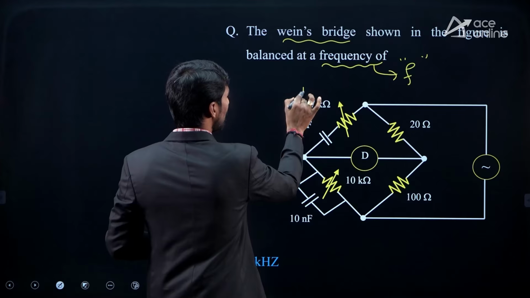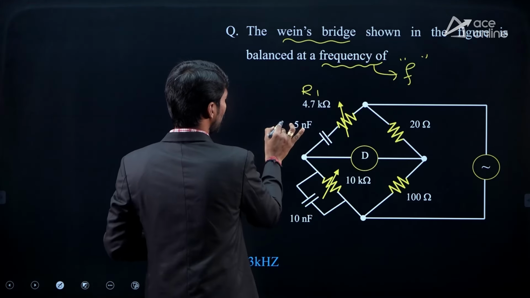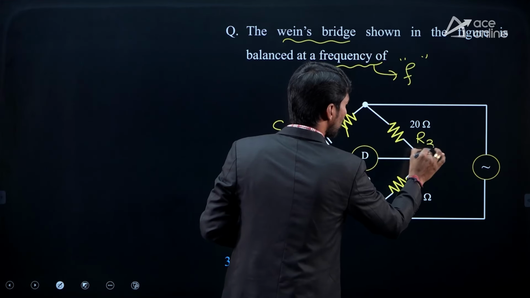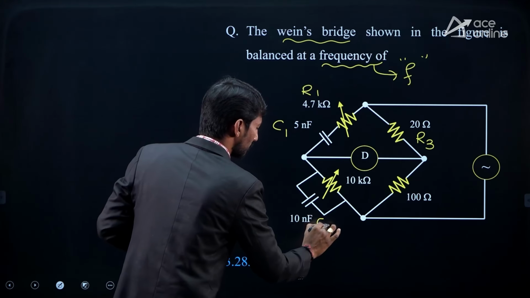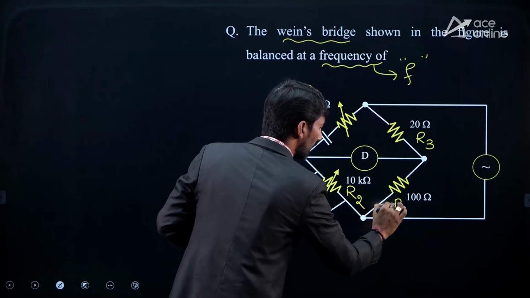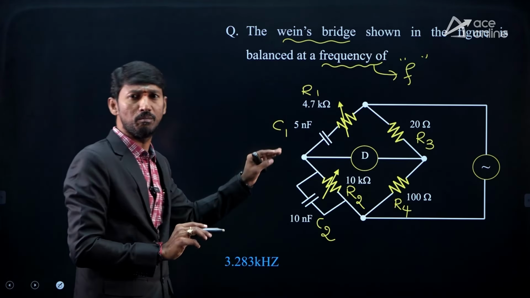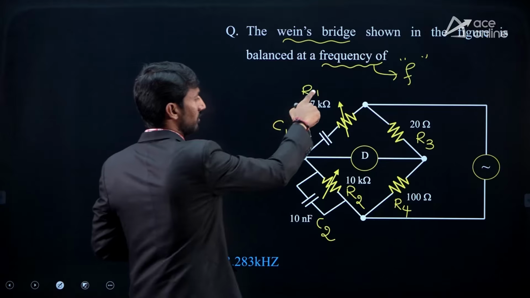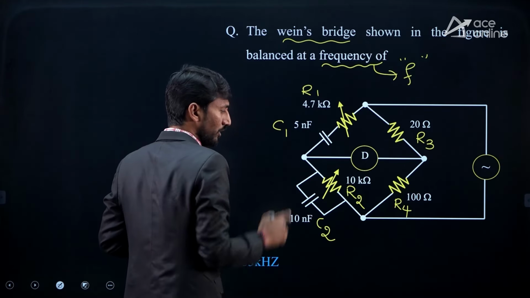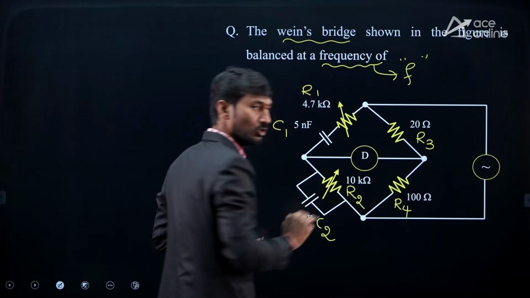I am taking this as R1, this as C1, this as R3, this is C2, R2 and this is R4. This is the numbering we generally follow: R1, C1 in the first branch, R3 in the third branch, R2 and C2 in parallel in the second branch, R4 in the fourth branch.